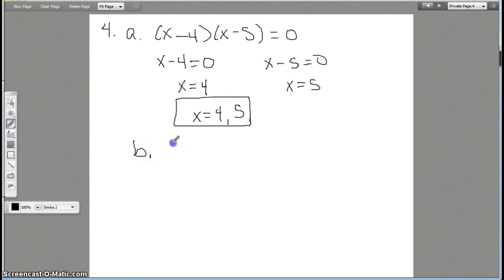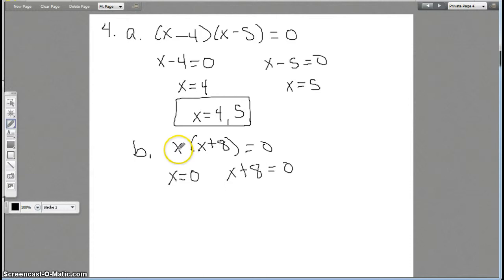For part B, we have x times x plus 8 equals 0. Now this is one where I see a lot of people make a mistake. Most people will look at the x plus 8 and say x plus 8 equals 0. But this x is a factor also. Anytime you have an x by itself being multiplied, then you have to set x equal to 0 also.